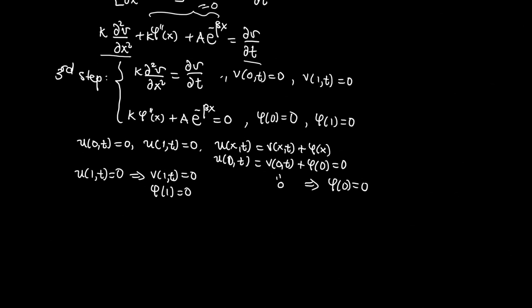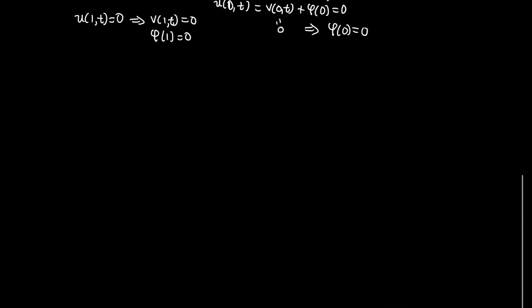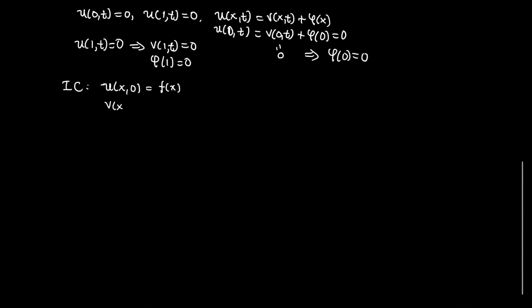Now for the PDE, you need one more condition, the initial condition. You have u(x,0) equal to f(x), a function of x. Okay, from here, you have to isolate v(x,t) equal to u(x,t) minus phi(x).